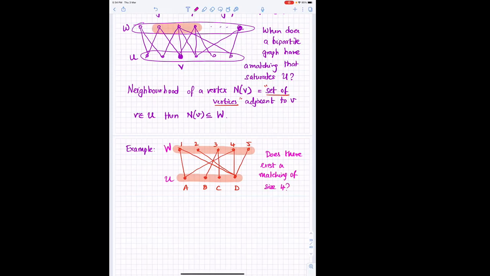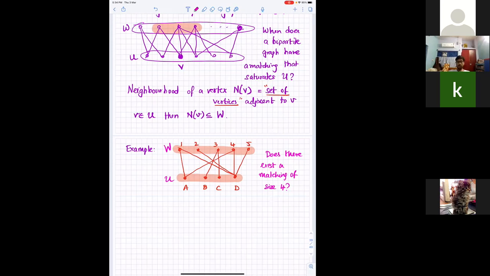Anybody else who's able to see this? Just to be sure that you all understand it. If there is a matching of size 4, then for each of these vertices here, you must find a neighbor, right? And these edges should be vertex disjoint. That's what we mean by a matching.